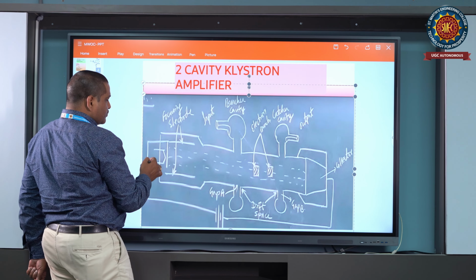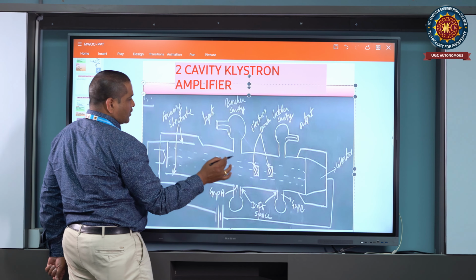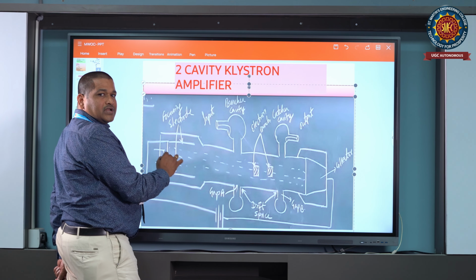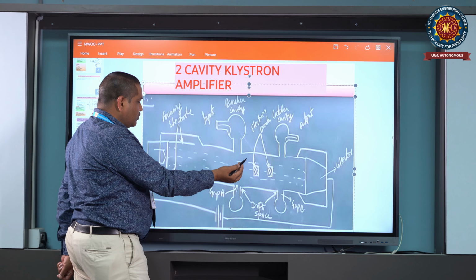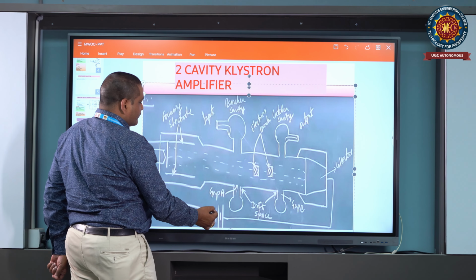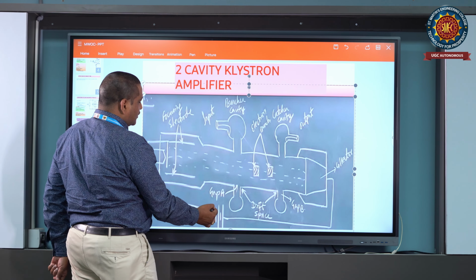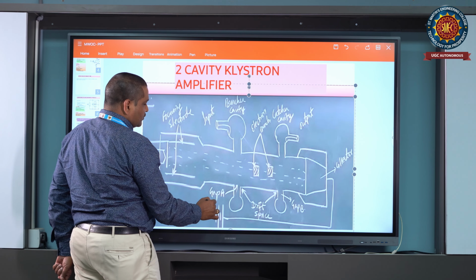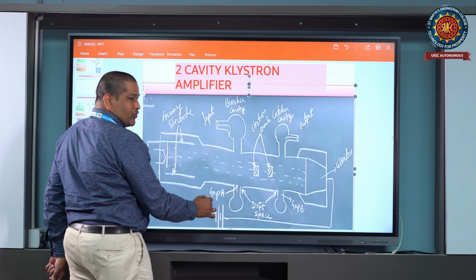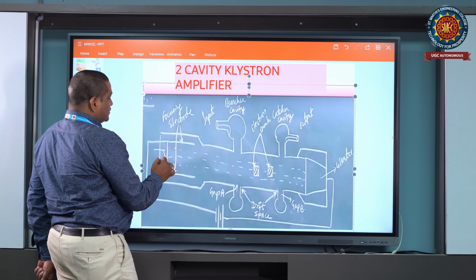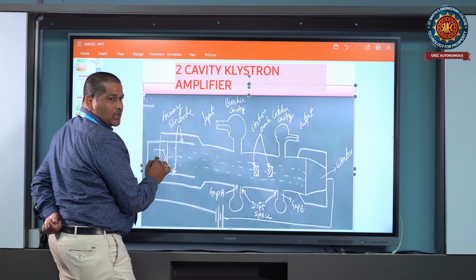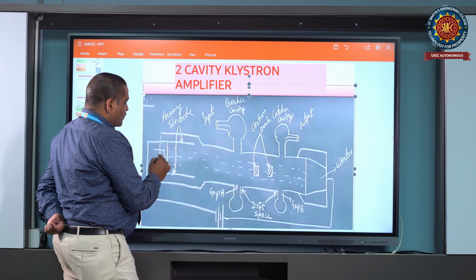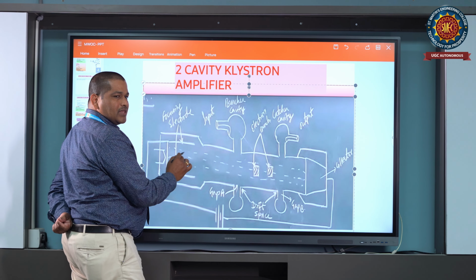There will be two polarities: the cathode is connected with the negative and the anode with the positive terminal, and the electrons will start traveling from cathode to anode. This is called the electron gun. The electron gun will be continuously pumping the electrons.